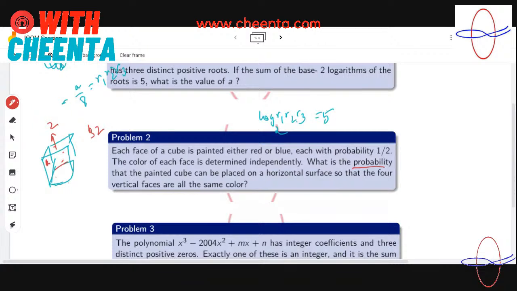So don't be excited or tensed by the name probability here, because we are not using any probabilistic argument, okay? We're just using combinatorics, we're just counting. So essentially it's randomly colored red or blue. So we are required to find the total number of cases where you can find a position of the painted cube that can be placed on a horizontal surface such that the 4 vertical faces are of the same color. That's the question.